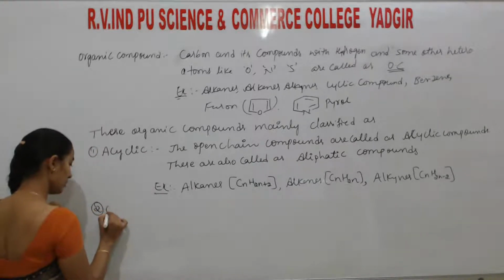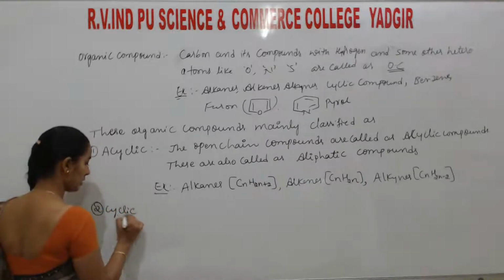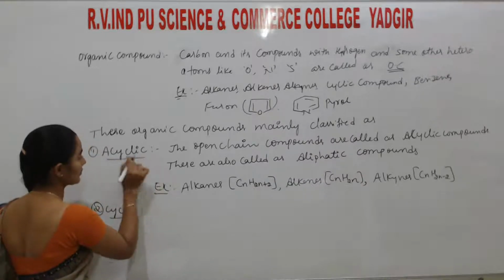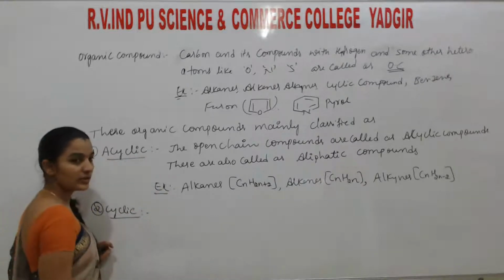The second one is cyclic compounds. Second classification: the first one is acyclic, the second one is cyclic.